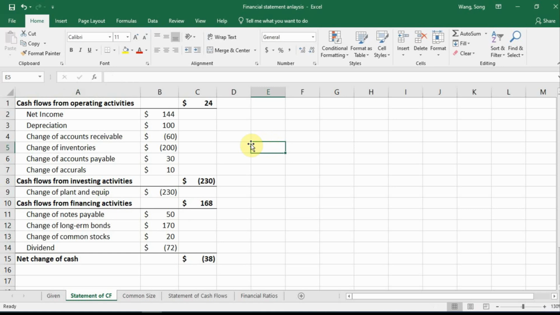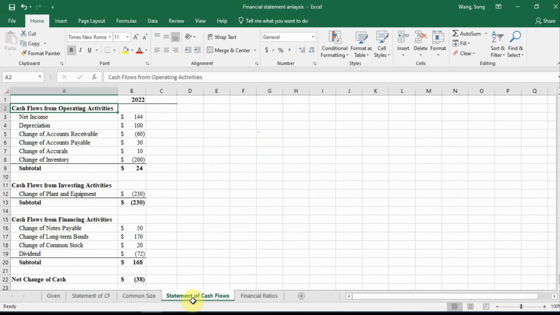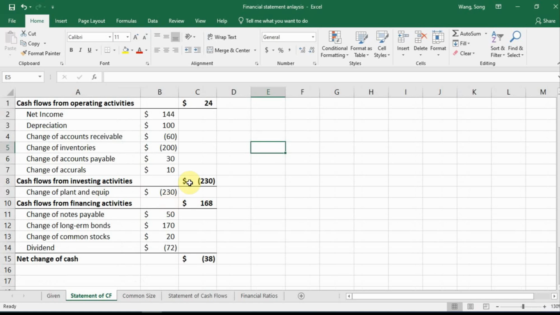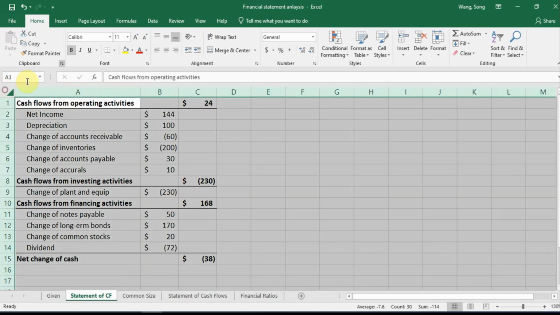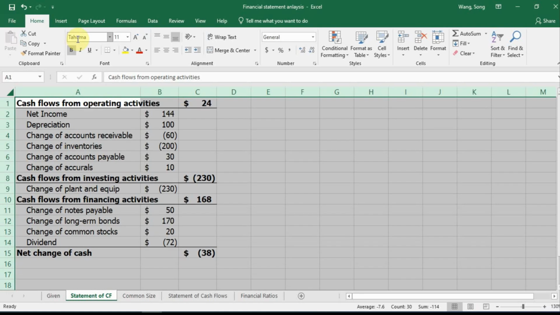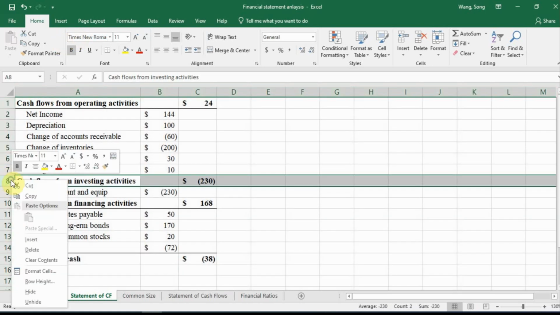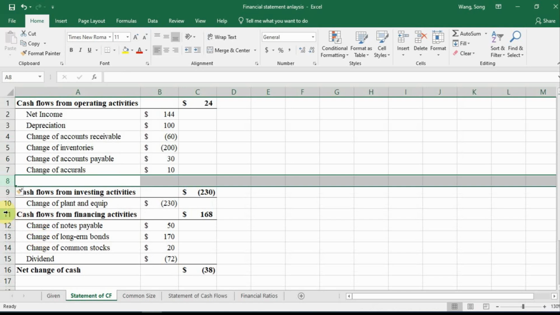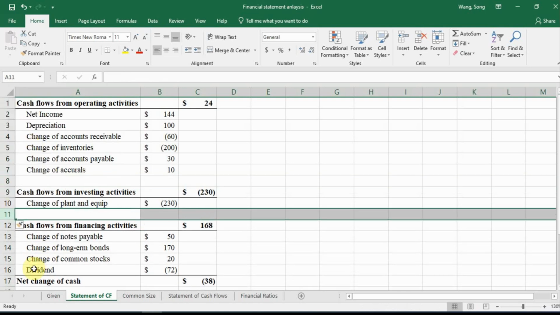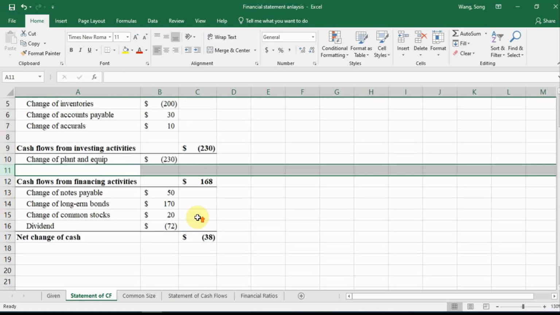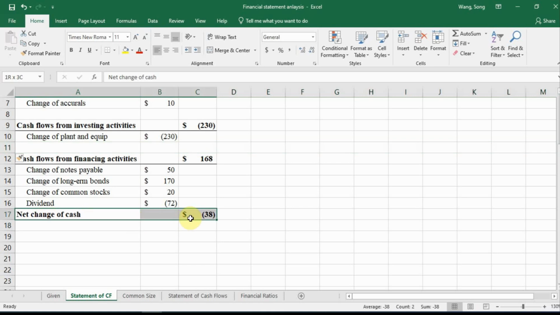So this is supposed to be your statement of cash flows for the year of 2022, which is the newest year. And you can just compare this one with the one I just created. Of course, there are some format issues in terms of font, or you can also insert some blank rows here to make it look a little nicer.